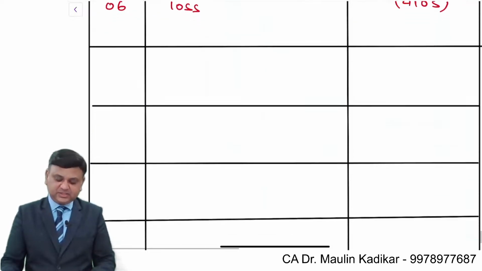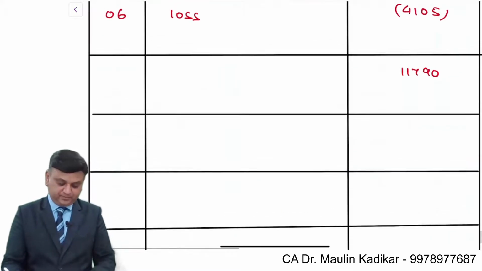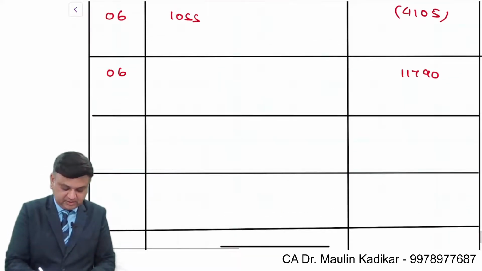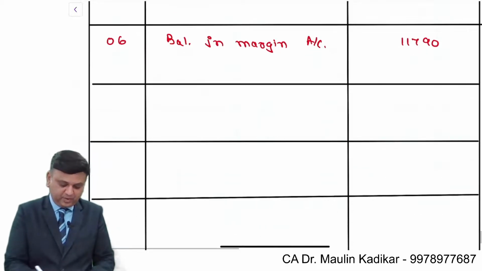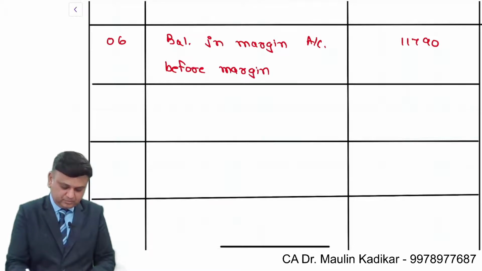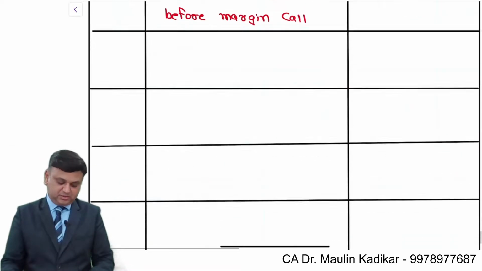It is 11,790, which is less than 12,000. So on sixth, balance in margin account before margin call. Why? Because the balance has dropped below 12,000.